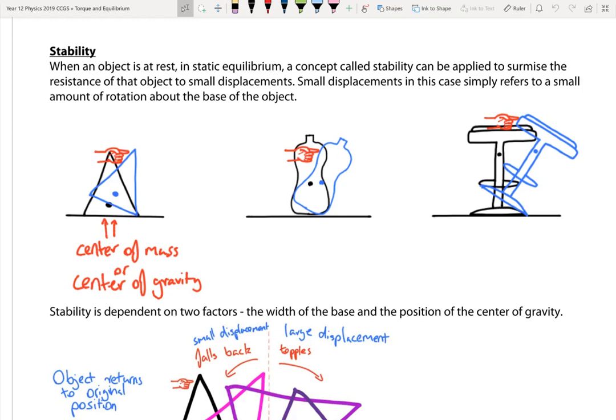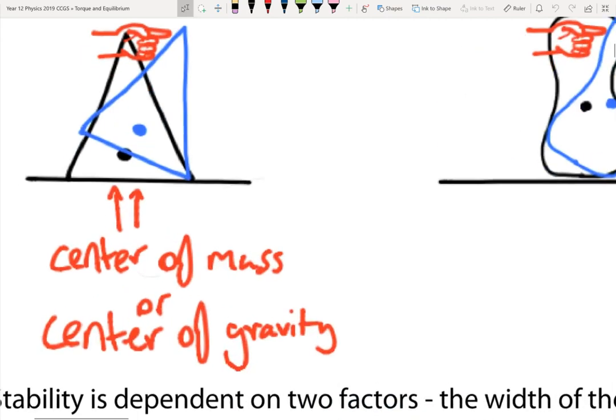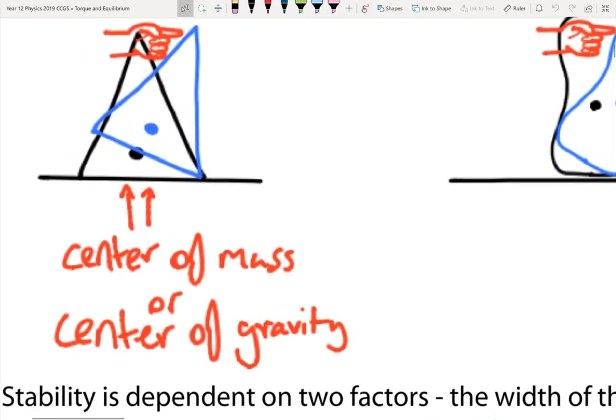What we have here are three different scenarios where you'll notice the hand is moving this object the same distance, the same height above the base, and it's above its center of mass, okay? So in each, you're just taking an object and you're giving it the same displacement. What I want you to realize for the first diagram is that if you give it a little bit of a nudge, it will pivot.